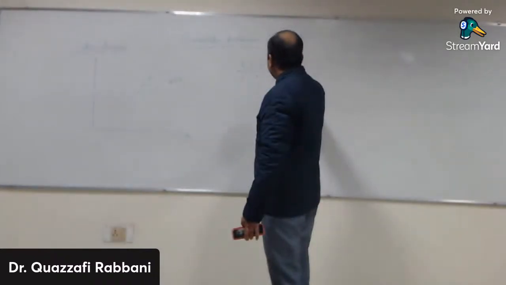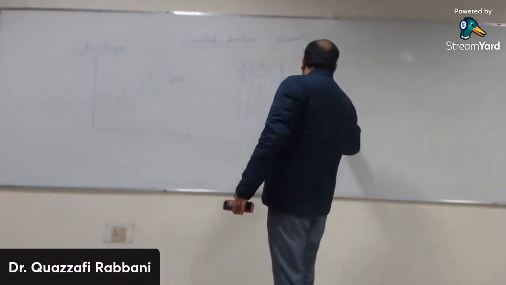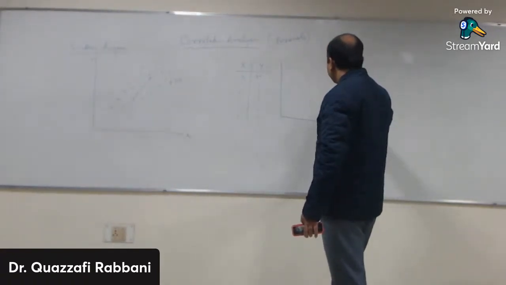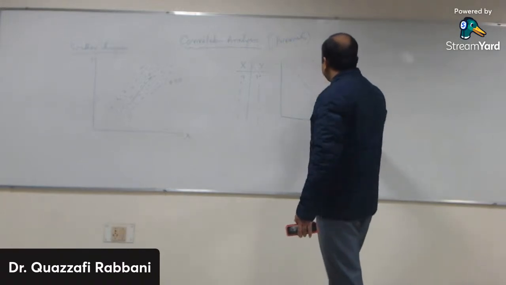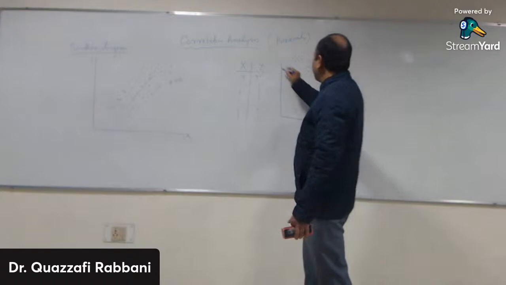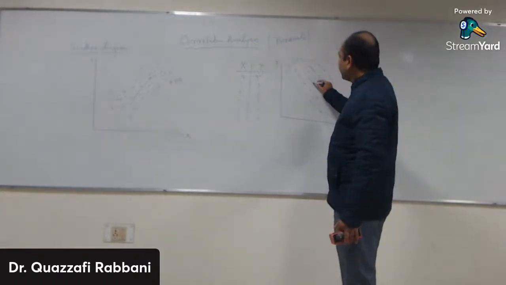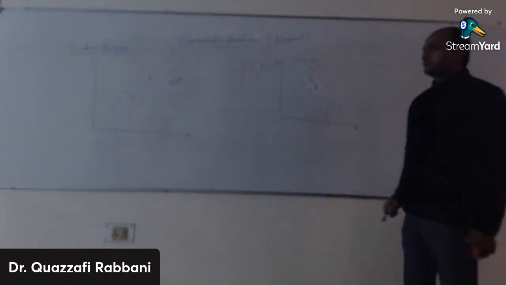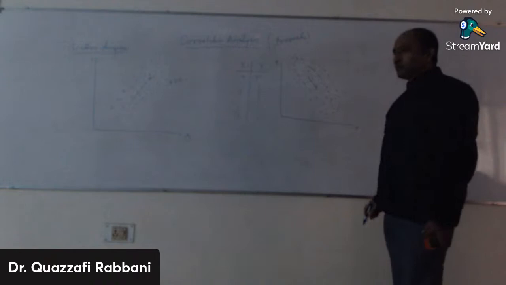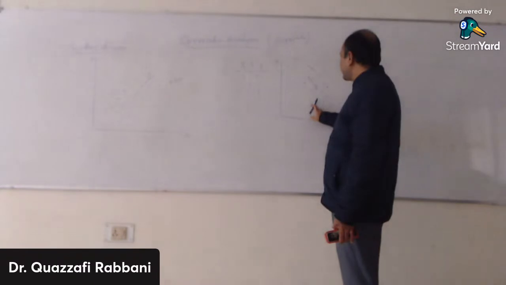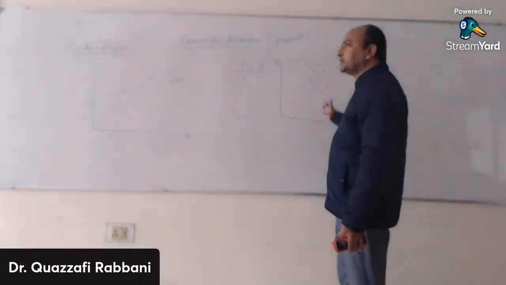If we draw x and y and the plotted values look like this, this is X and this is Y. Here the movement is downward. Downward means X is increasing, Y is decreasing.